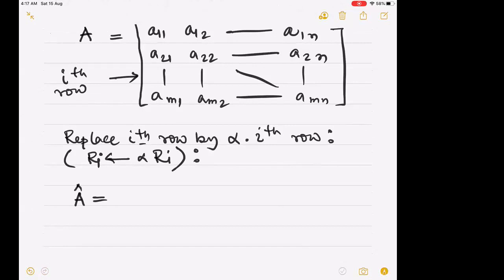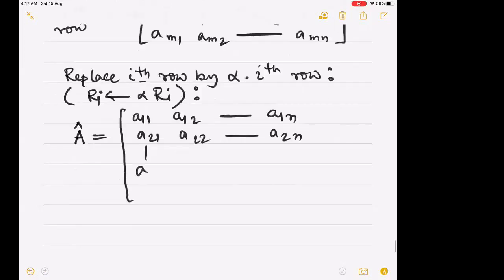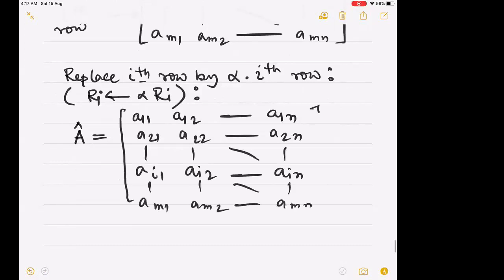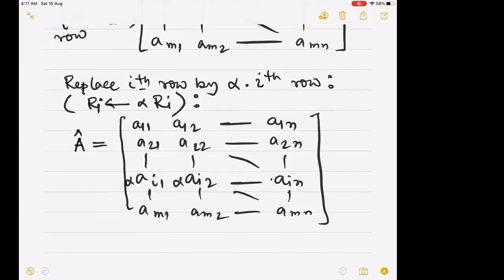Let me write this again: a11, a12, up to a1n, a21, a22, up to a2n, dot dot dot, then ai1, ai2, up to ain, and finally am1, am2, up to amn. But the ith row has been replaced by alpha times that, so alpha will appear throughout that row.